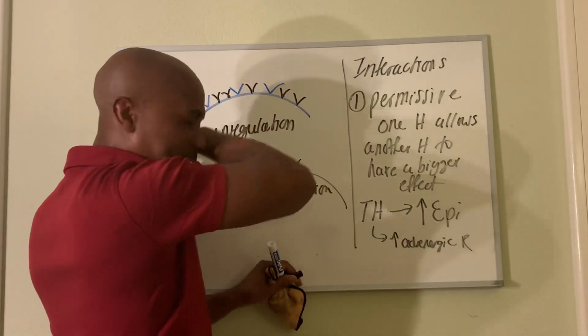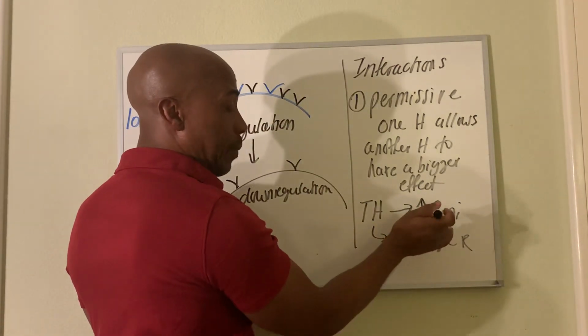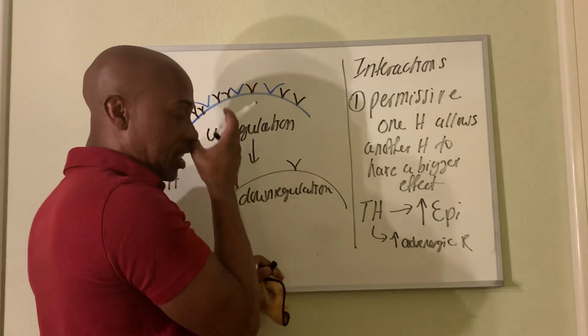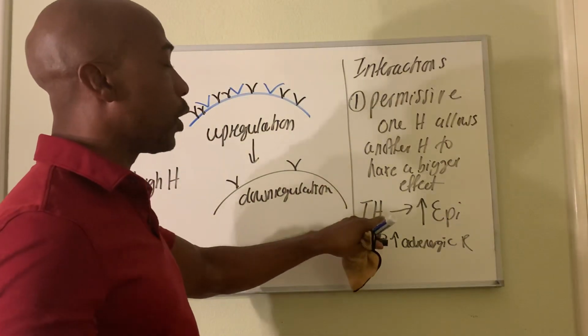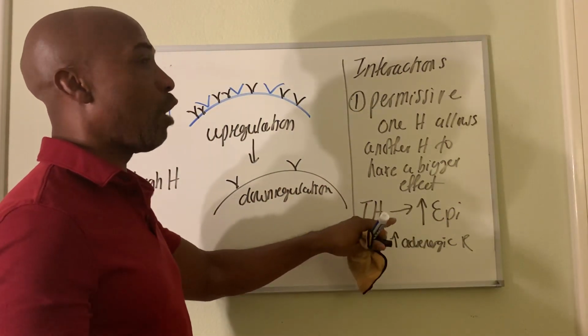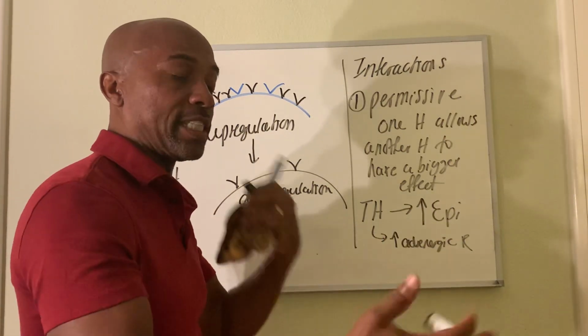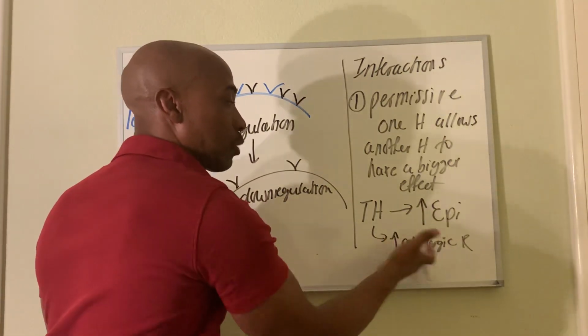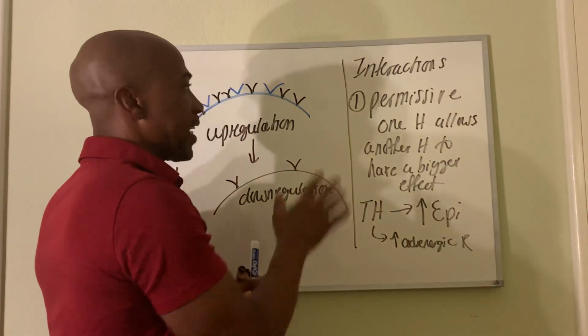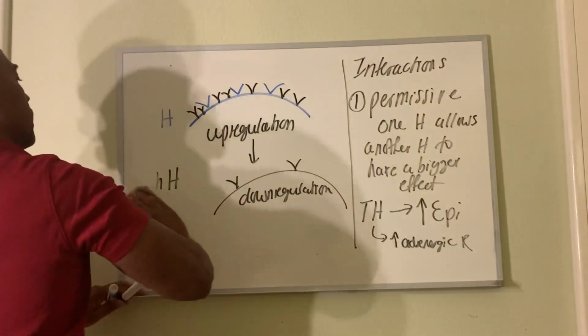And because you have more receptors available, then epinephrine will have a bigger effect. So this is an example of how thyroid hormone is being permissive. It's allowing this hormone to have a bigger effect by first, basically, preparing the cell to respond to it better. So that's a permissive interaction.